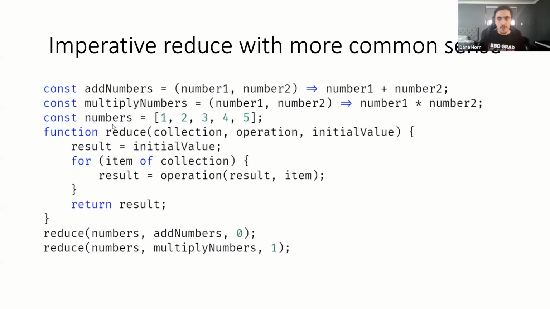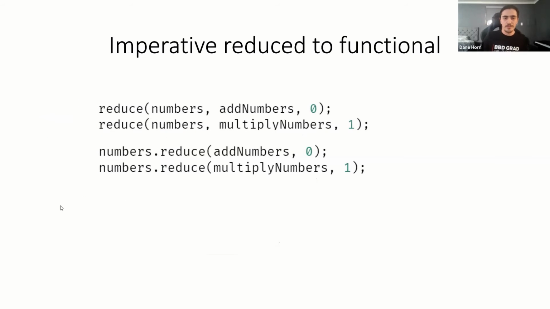Now, I've kind of wasted our time here talking about the implementation of this, because this is already provided in the JavaScript standard library. And we can see over here that this is exactly what we have. We have our function over here, and we have the standard library way of doing it over here. So this actually has it on the array prototype.